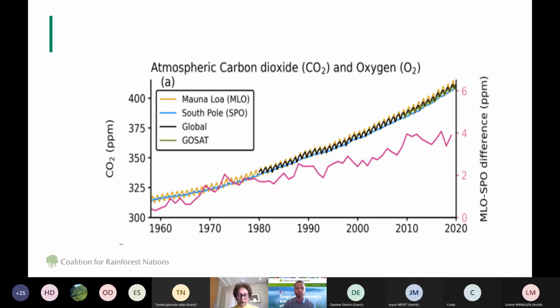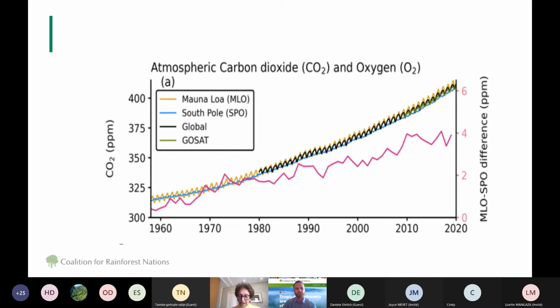So all those different colors that you see in the box refer to places or sources where atmospheric data are collected and archived. So for instance, Mauna Loa has the longest record of direct measurements of CO2 in the atmosphere. But you also have data from the South Pole that have been recorded since 1957.